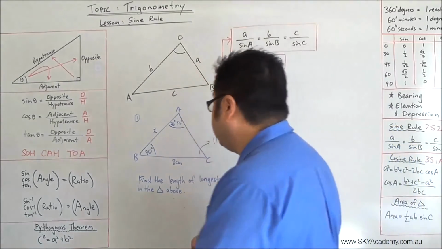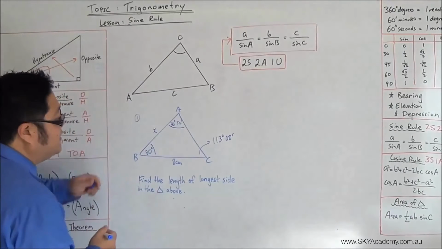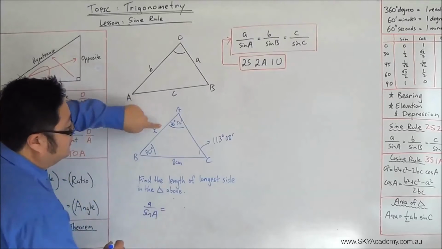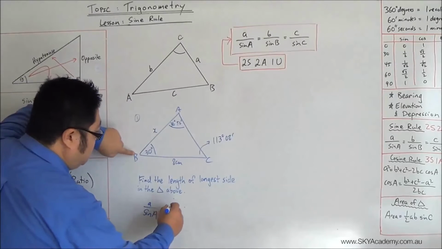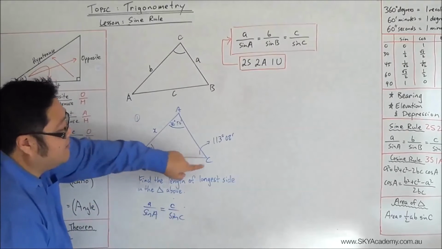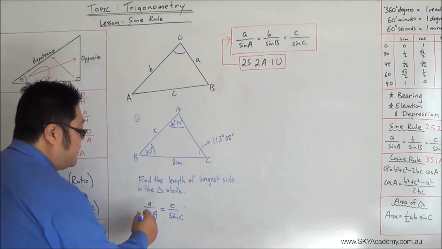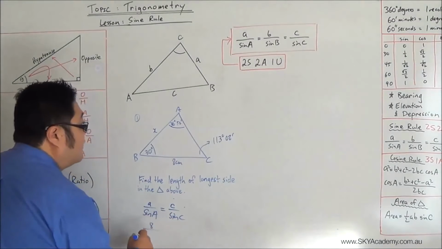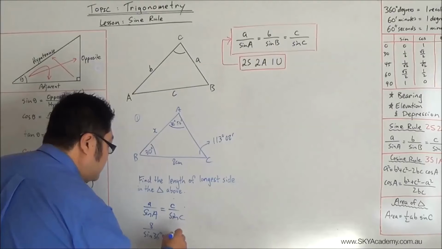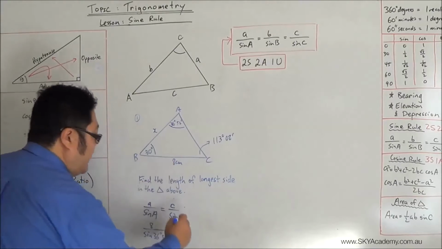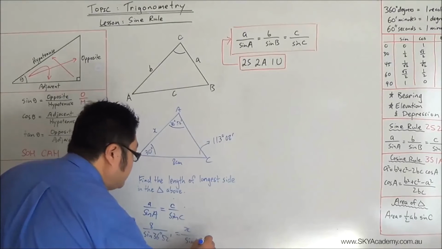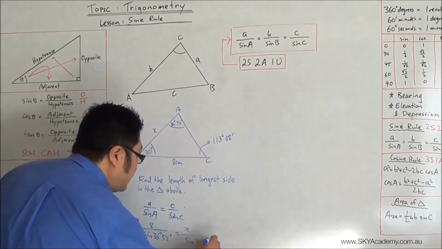So the sine rule says that, in this case, a over sine A is equal to c over sine C. Does that make sense? So that's going to be 8 over sine 36 degrees 52 minutes is equal to x on sine 113 degrees 8 minutes.